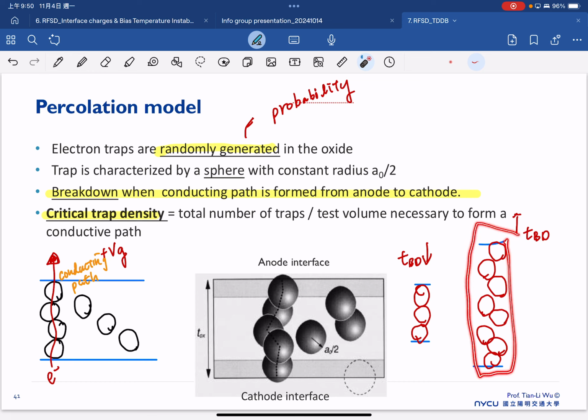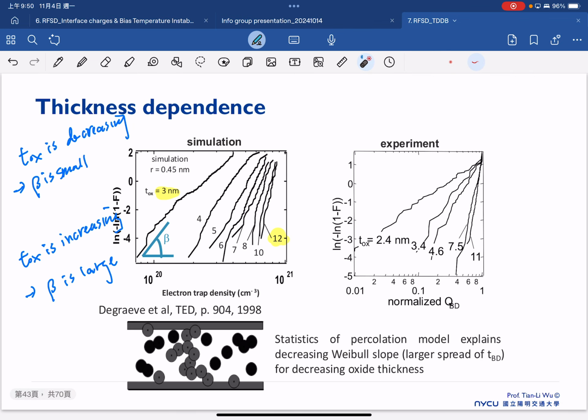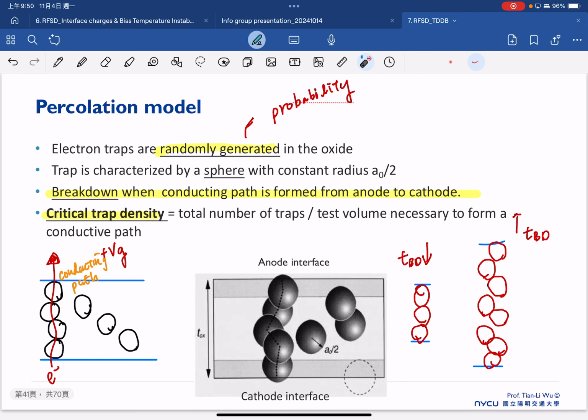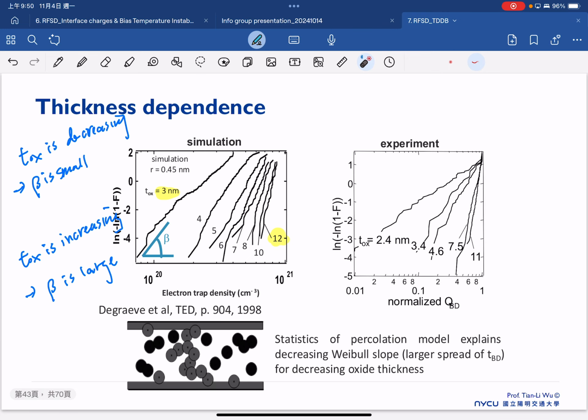That's why our beta is always larger in the case of the thicker dielectric. But if we have a thinner dielectric, because we only need 3 defects, sometimes probably only 2 defects, or sometimes 4 defects, that's enough to form the conducting path.